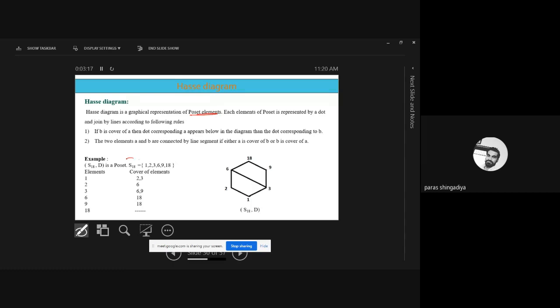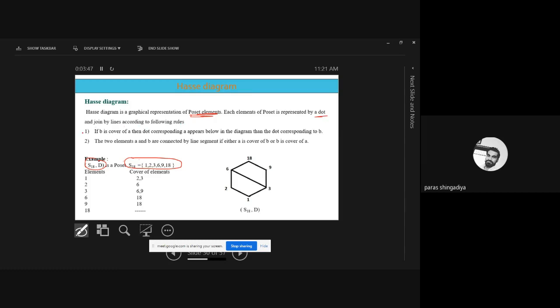These are the poset elements of S18. Why are they poset elements? Because they satisfy the partially ordered set conditions: reflexive, antisymmetric, and transitive. All three conditions are satisfied. Therefore, we can say that S18, D is the poset, and the elements of S18 are called poset elements. First, each element of the poset is represented by a dot, and joined by lines according to the following rules.